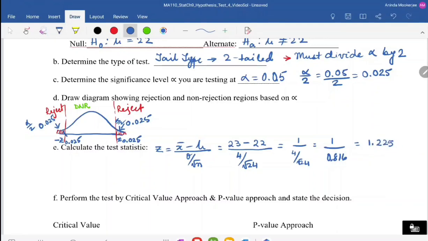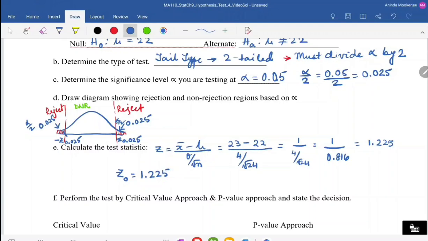It's a positive value. Okay, so our z sub 0, which represents the test statistic, is 1.225.